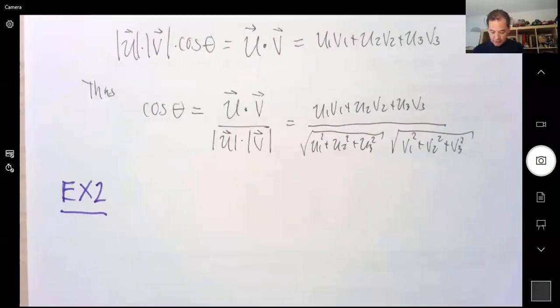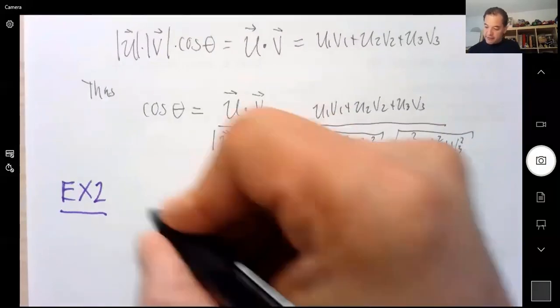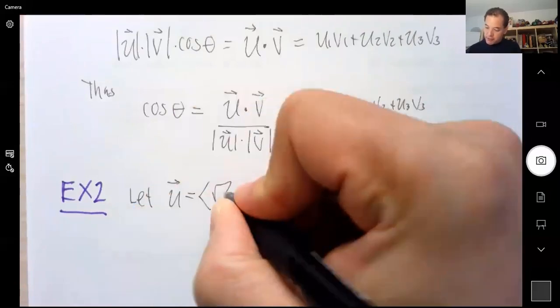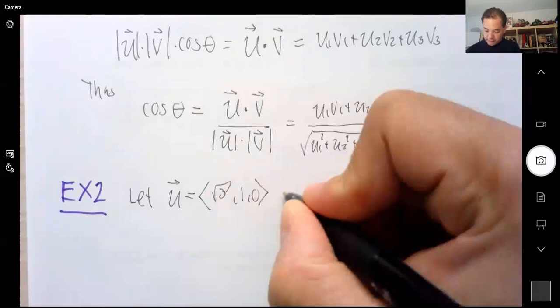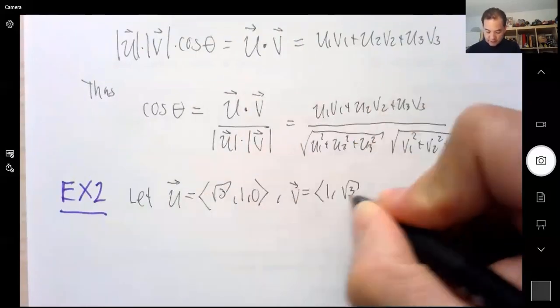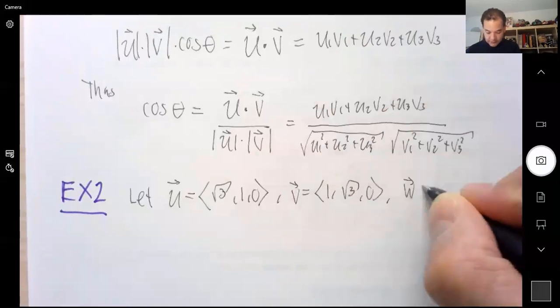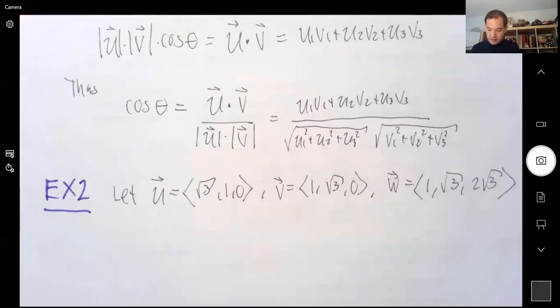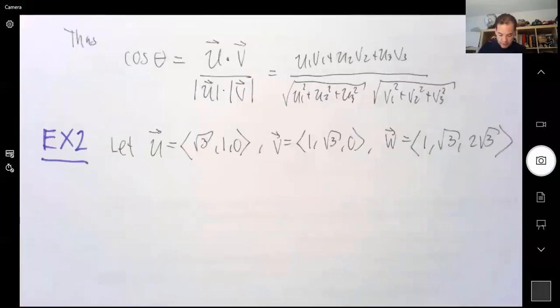All right, this is what we have. It says let vector u be root 3, 1, and 0. Vector v is 1, root 3, 0. And vector w is 1, root 3, 2 times root 3. Here is the question.